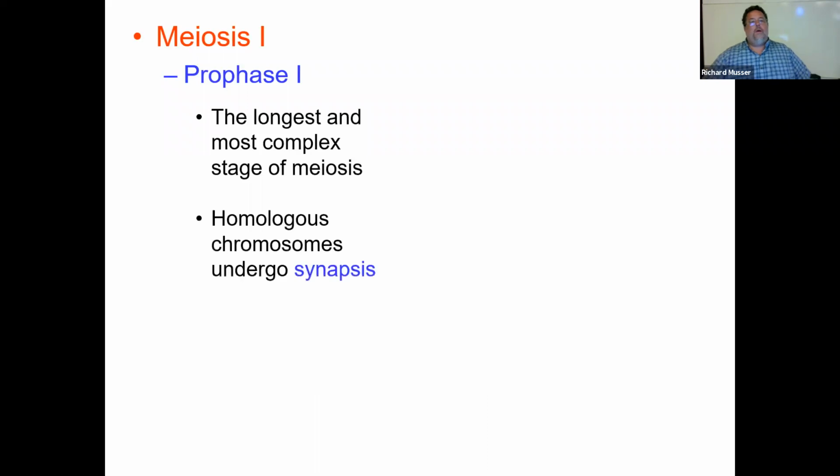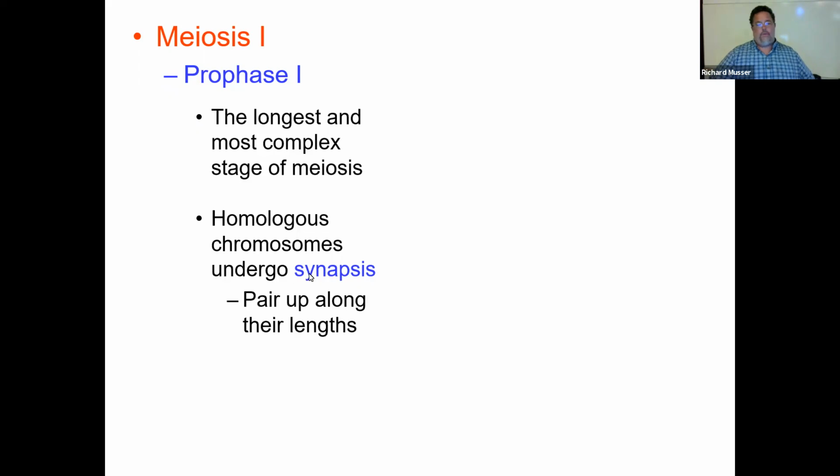Okay, so meiosis I is going to look a lot like what you might have remembered from mitosis. You're going to see chromosomes coiling up again. Because remember, in interphase, you don't see the chromosomes coiling up. And it's actually the longest and most complex stage of meiosis. All these chromosomes are getting coiled up and lined up. And what they call is the homologous chromosomes undergo synapsis.